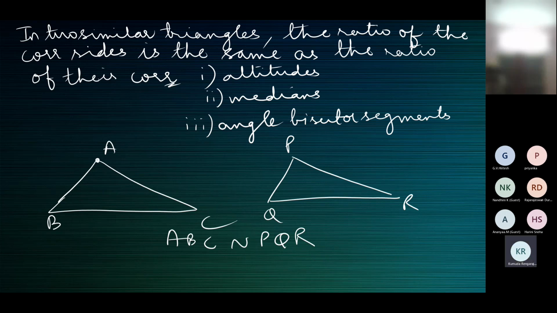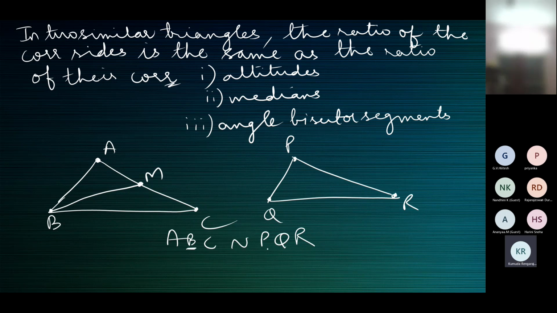That means angle A corresponds to angle P, angle B corresponds to angle Q, and angle C corresponds to angle R. These are the corresponding angles. Let me consider the median from B on AC. BM is the median from B on AC.